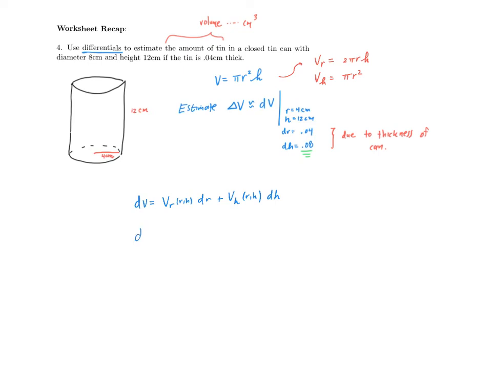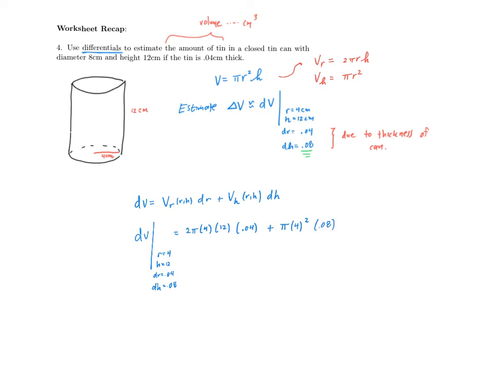So the desired quantity, dV, when r is 4, h is 12, dr is 0.04, and dh is 0.08, ends up being, so V sub r would be 2 pi r times h multiplied by dr, 0.04, plus V sub h, which is pi r squared, so r is 4, and there are no h's to worry about, and dh is 0.08.